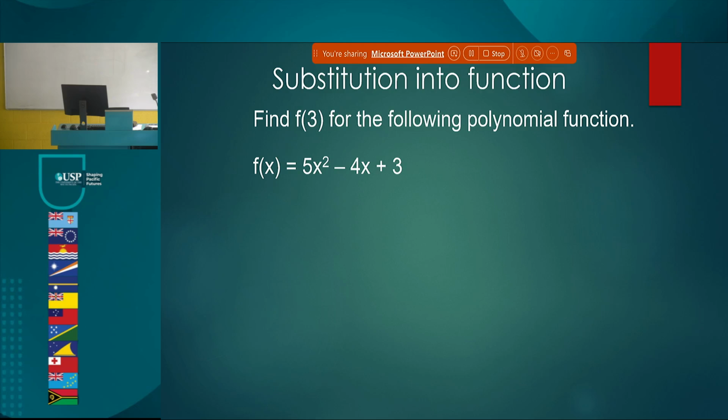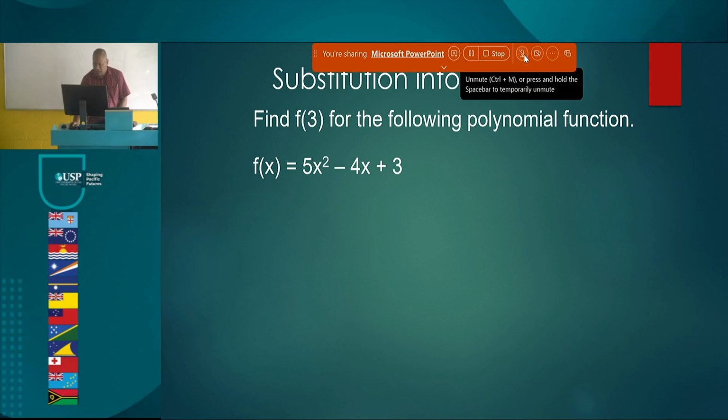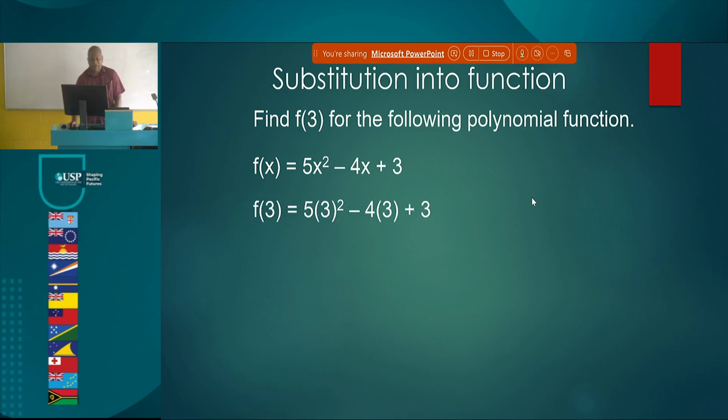Substitute 3 into f(x), what do we get? 36. Yeah, I think we get 36. So 3 squared is 9, 5 times 9 is 45, minus 12 plus 3. We get 36.